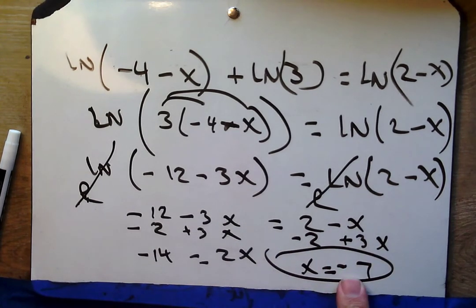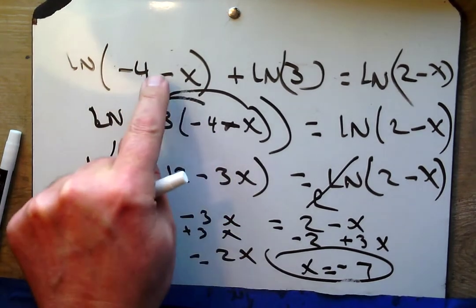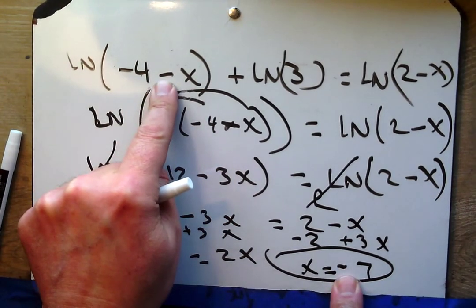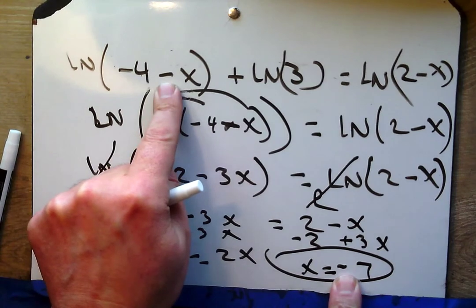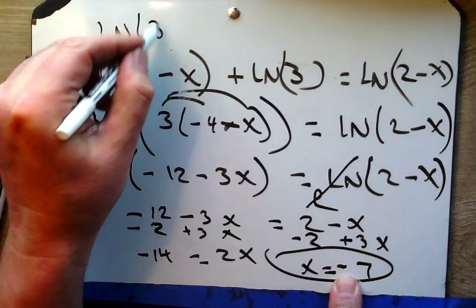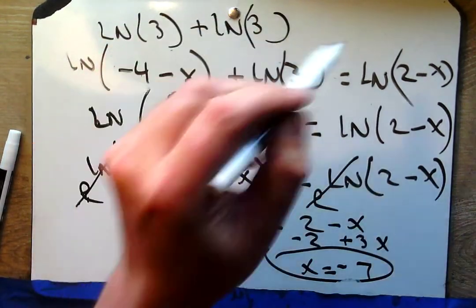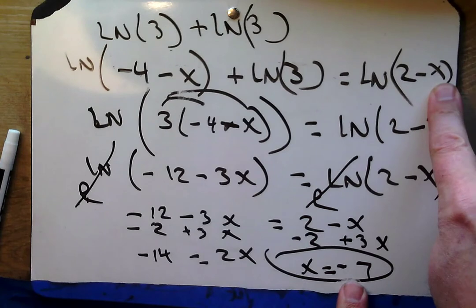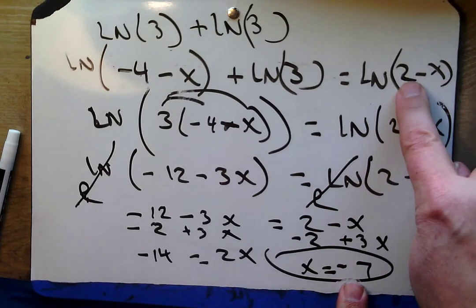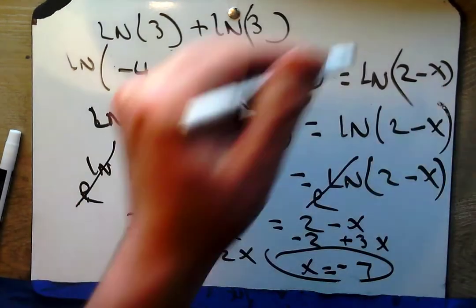Now again, just because this value is negative doesn't mean I throw it away. I have to plug back in. Minus 4 minus a minus 7. Well, minus a minus is plus. Minus 4 plus, it's going to be ln of 3. Plus another ln of 3. And over here, if I plug in a minus 7, 2 minus a minus 7 is 2 plus 7, or 9.